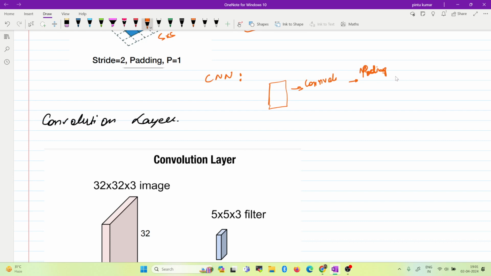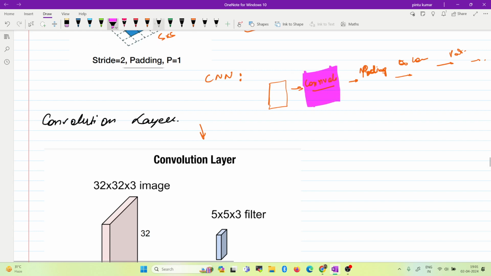And again we'll have convolution, then again pooling, and so on. So now what we would be discussing is how does one layer of convolution look like. We would be just discussing this part.